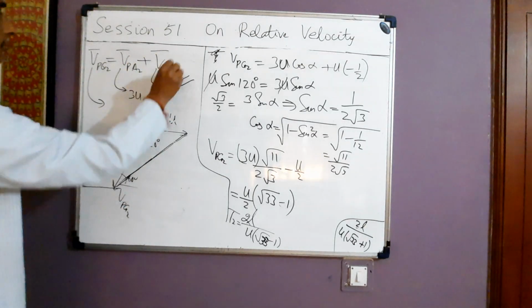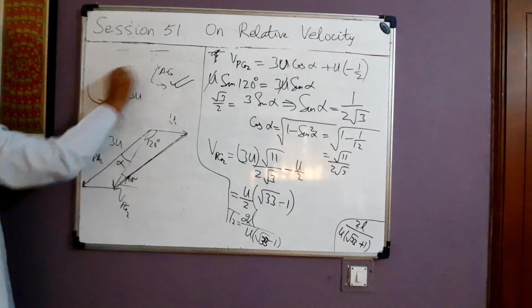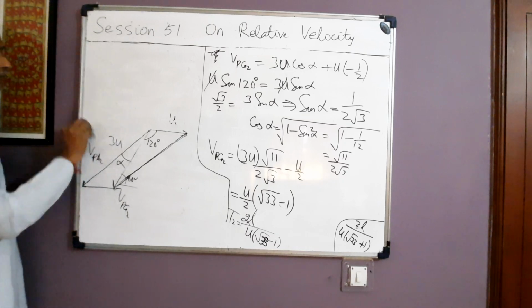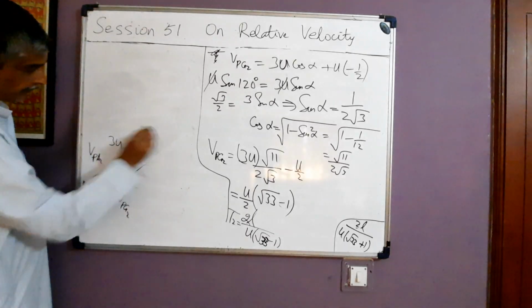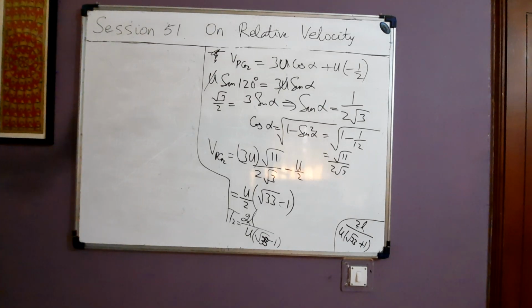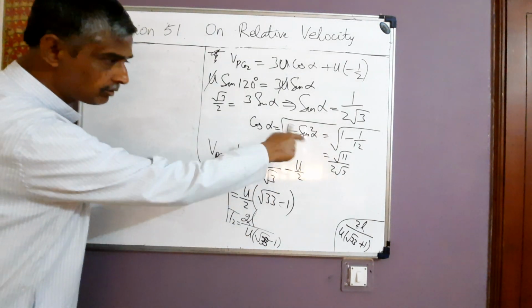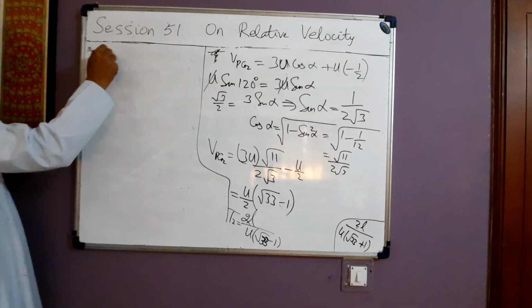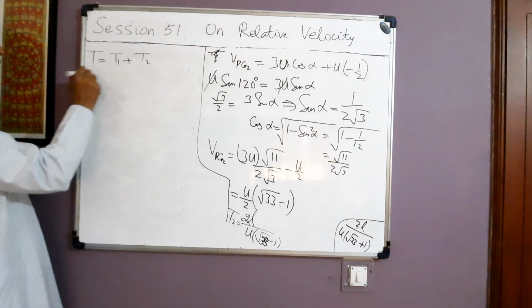Now I rub this one. So now the total time for the journey is T1 plus T2. T1 is this one, T2 is this one. So T, the total time for the journey, is T1 plus T2.